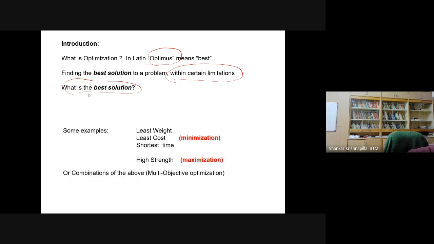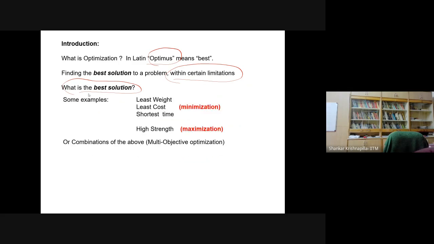It is either to minimize something or maximize something. That is the only thing it will understand. Examples of minimization are to have least weight, least cost, shortest time, etc. Examples of maximization are to have high strength or high stiffness and things like that.